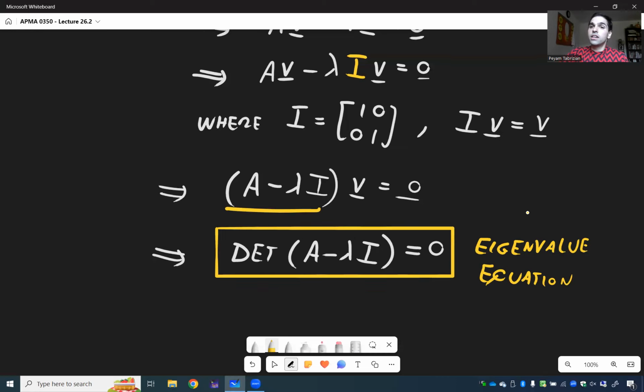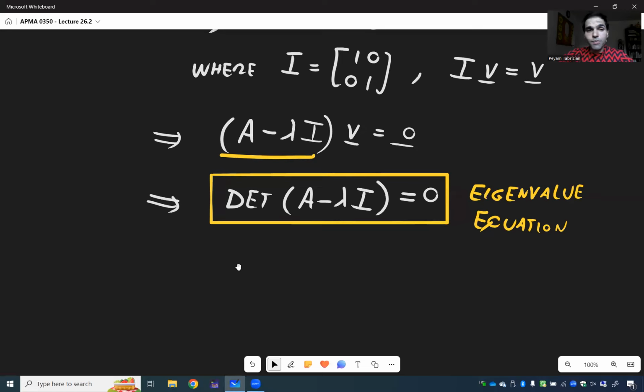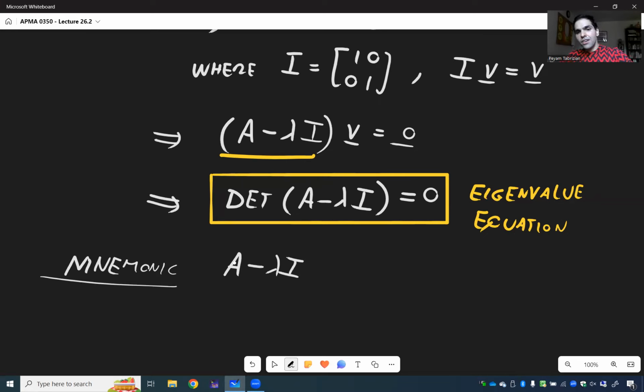And this we want to use to solve for lambda. But by the way, there's a nice mnemonic about this. Because A minus lambda I looks a bit like Ali. So sometimes I might say Muhammad Ali.